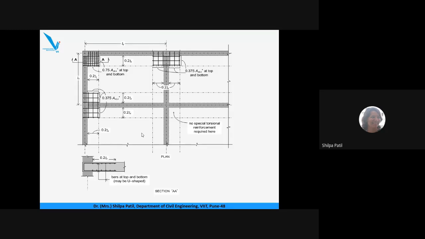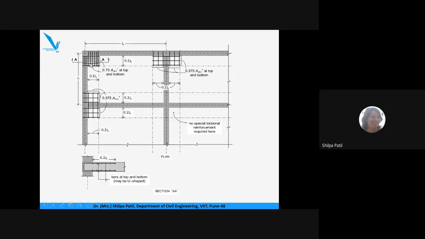So this is the mid-span area, and these are the edge strips. This is the edge strip. Okay. Now in the edge strip, consider this particular corner in which both these edges are discontinuous. So here the torsion reinforcement is provided in the form of a mesh. So this is one mesh which is at the top, and there will be another mesh which is at the bottom level.